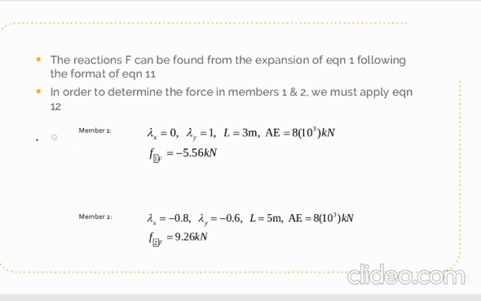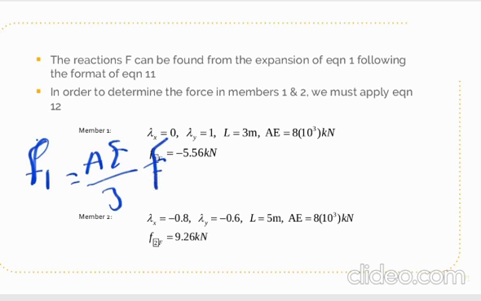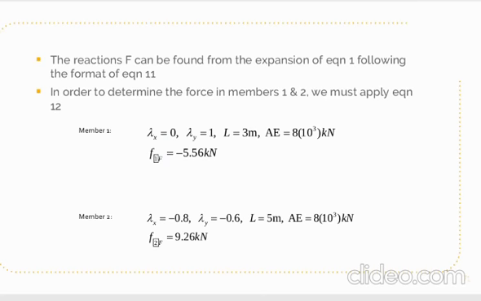So for number 1, force 1 equals AE over 3, the length of the member. Sorry, let me rewrite again. Force 1 equals AE over 3.